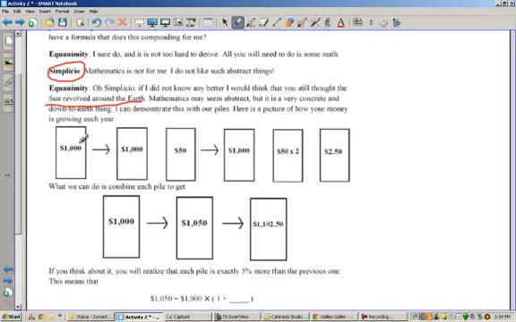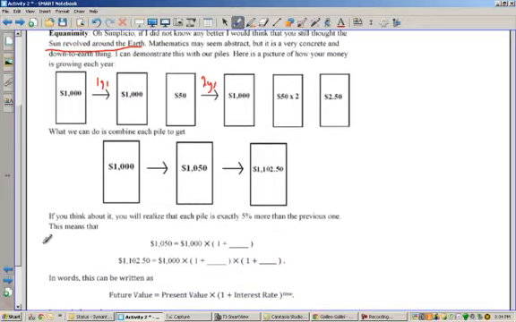And so what we had before is we started with 1,000, and then after 1 year, we had 1,050, and after 2 years, we had $1,102.50. If you think about what's going on here, what happens is that each pile is exactly 5% larger than the last. And what that means is that 1,050 can be found by taking 1,000 times 1 plus 0.05.